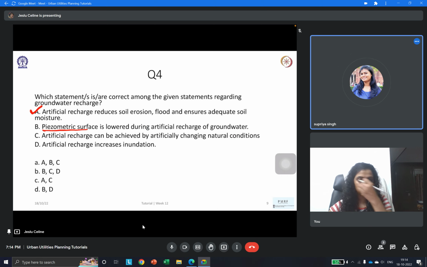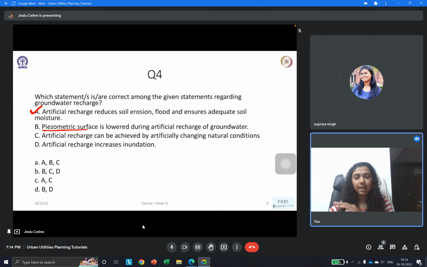It's actually an imaginary surface, where that separation happens from the water table, that we call the piezometric surface. It's just like a layer. During artificial recharge it increases, because we are recharging it, so there is a rise. It doesn't lower during artificial recharge.